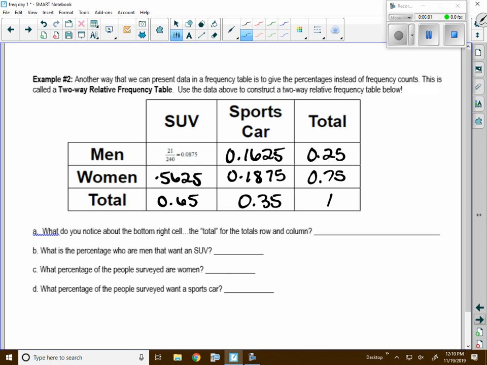You can check yours once you finish and see if you agree with me.